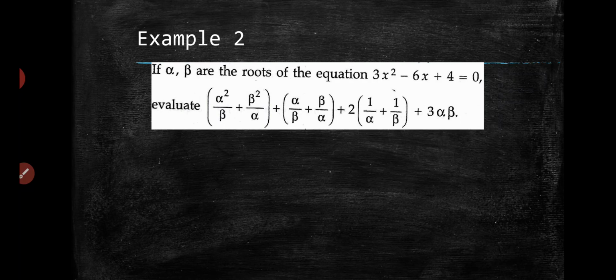So both ways it can be done, but let me tell you, if you try doing it by finding the roots, then I can assure you that it is going to be a little bit difficult to work with, because there are so many places you have to put the values. But if we can do some manipulation to this and then apply the sum of the roots and the product of the roots, then the whole thing can become a little bit easier.